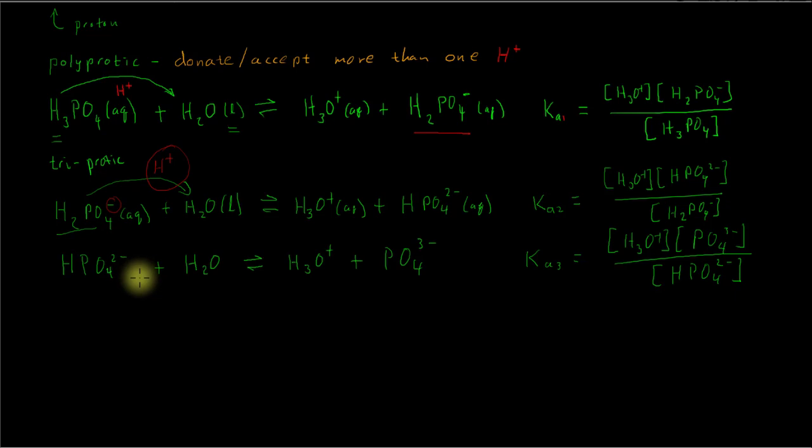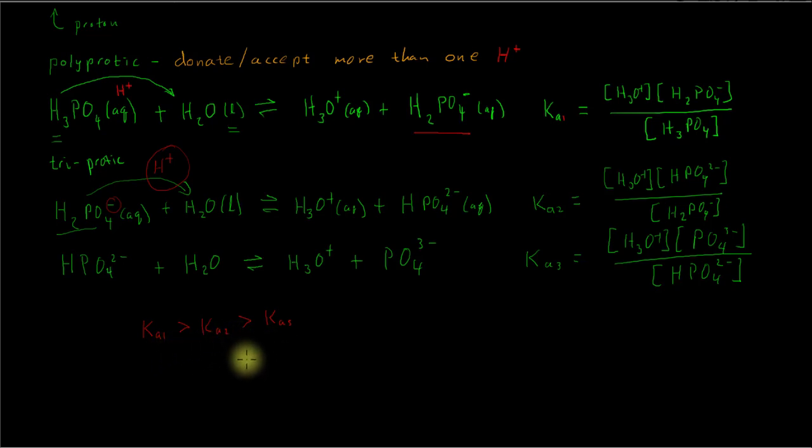You'll remember from electrostatics that plus likes minus, and so it's going to become progressively harder and harder to do that. So it is normally the case that our Ka1 value is bigger than our Ka2 value, which is bigger still than our Ka3 value. That's a typical pattern that we will see in polyprotic acids, that the successive acid dissociation constants get smaller and smaller and smaller.